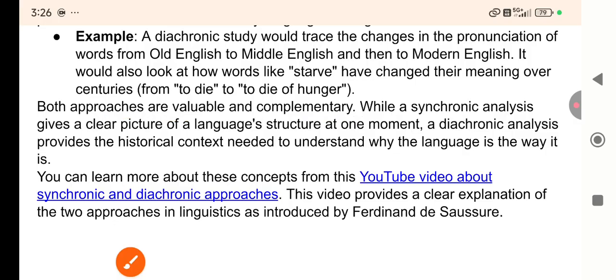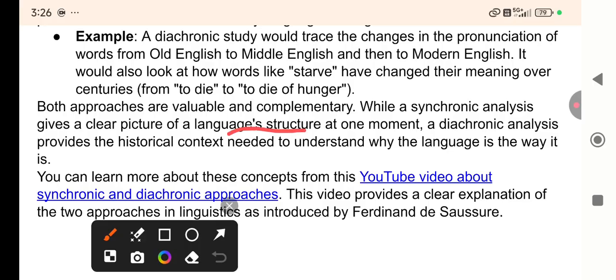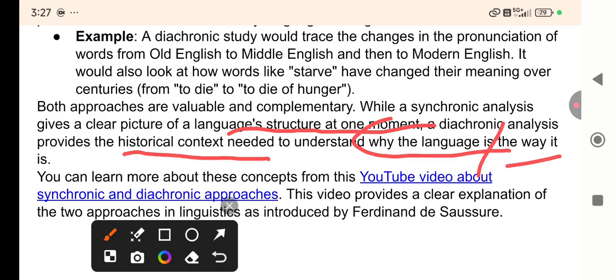While synchronic analysis gives a clear picture of the language's structure at one moment, a diachronic analysis provides the historical context needed to understand why the language is the way it is, meaning why this language has changed.